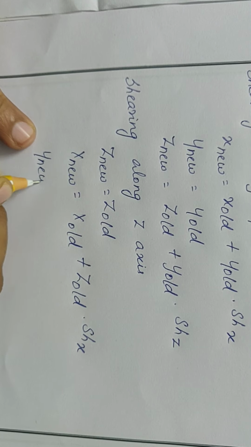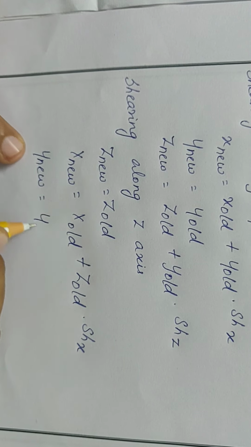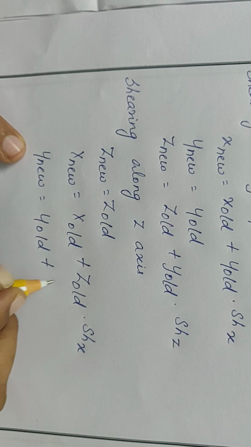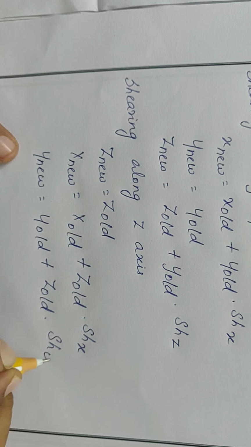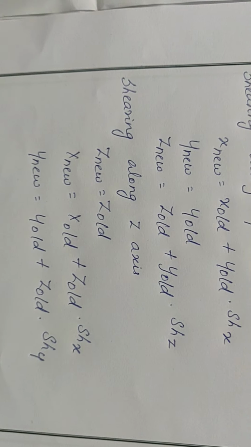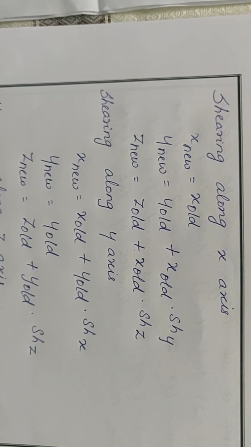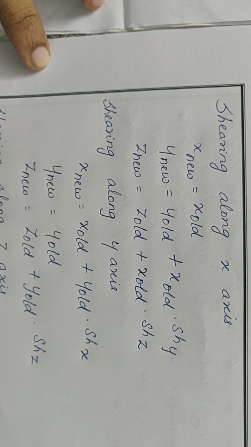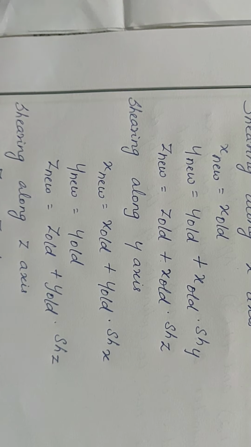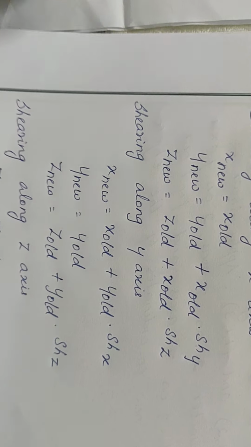Similarly, y new is equal to y old plus z old into shear factor along the y axis. So this is the formula of 3D shearing: shearing along the x axis, along y, and along the z axis. Now we'll discuss the sum.